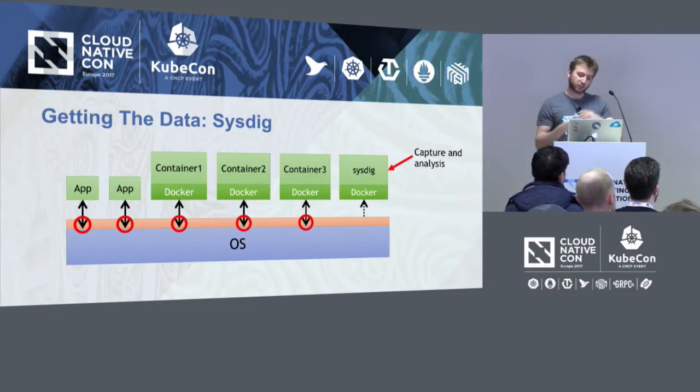Then we take this rich stream of data, we correlate it with the metadata that applies to each container. So if I see Apache doing a system call inside container 2, I then know that container 2 is part of this pod, this deployment, and this namespace. And so I correlate all the metrics with all that metadata. And that turns out to be a very powerful approach.